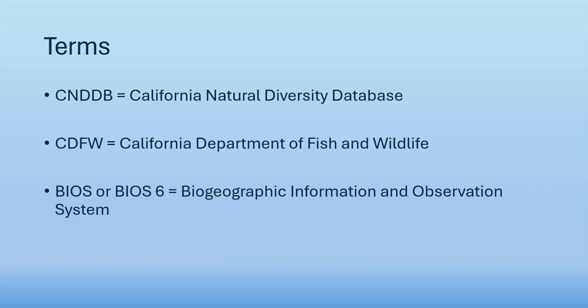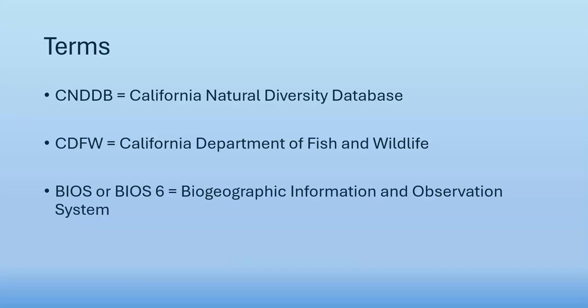CNDDB is maintained by California Department of Fish and Wildlife, or CDFW as I like to call them, and includes current lists of rare species occurrences across the state, as well as a database of GIS map locations for all those species occurrences. So basically, it's a giant mapped database where CDFW has recorded and collected observations of thousands of different rare plants and animals throughout the state of California.